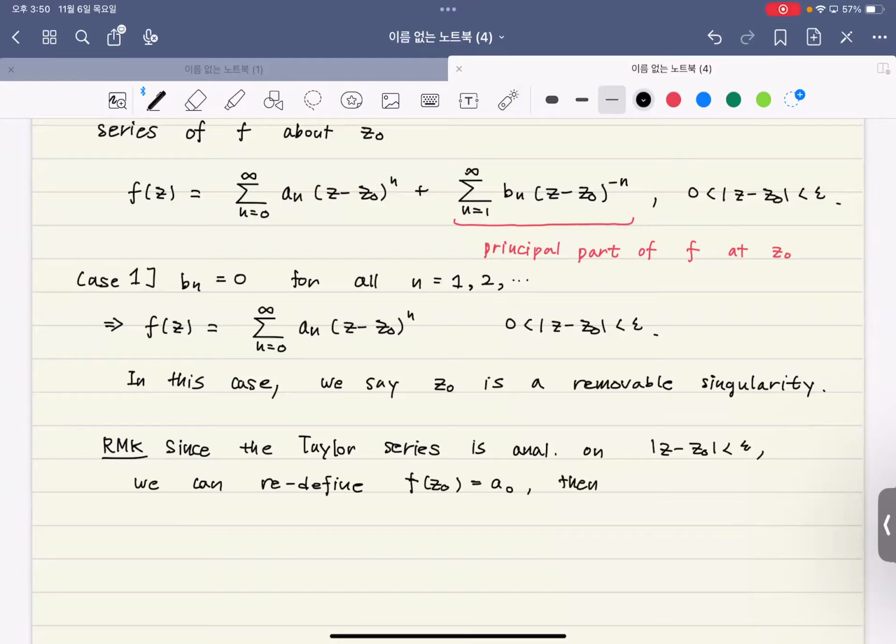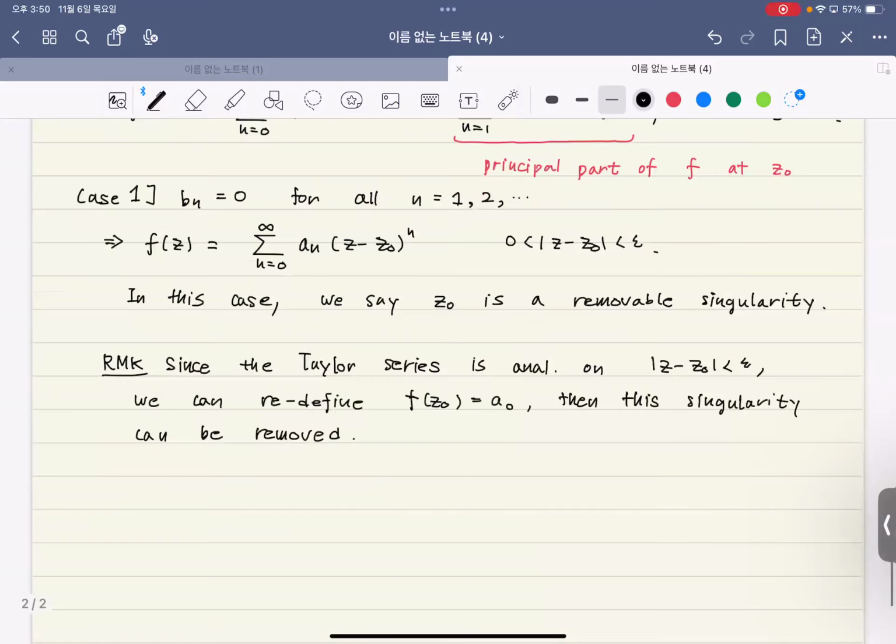Then this singularity can be removed. So basically this is no singularity. This is not a singularity.